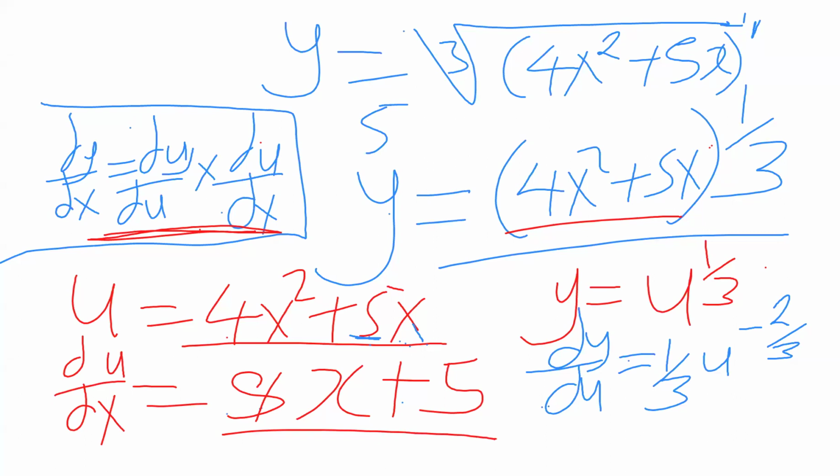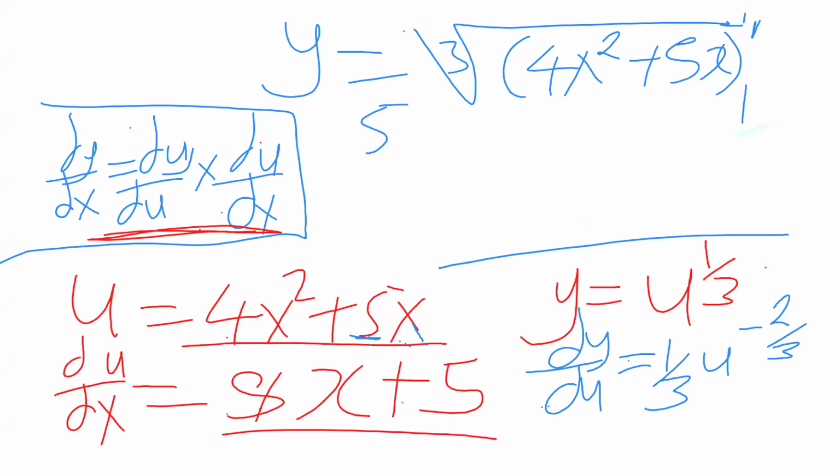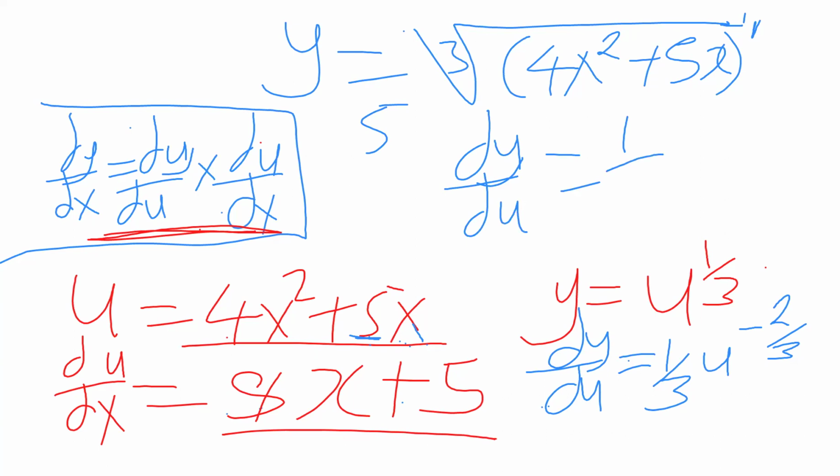Okay. So now we can go ahead and rewrite this one. Let's rewrite the function: dy over du can be rewritten as 1 over 3 times u.